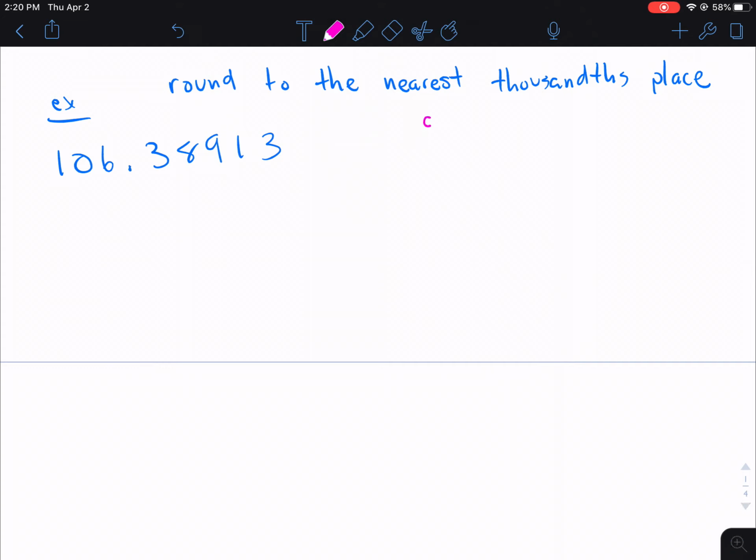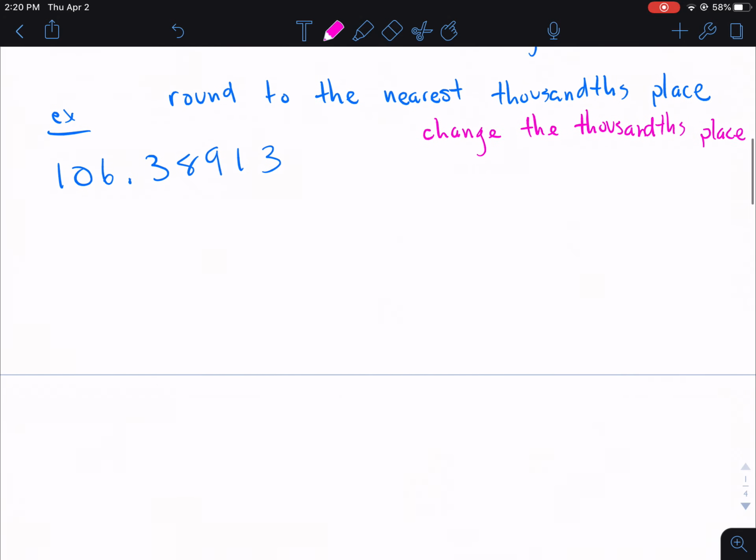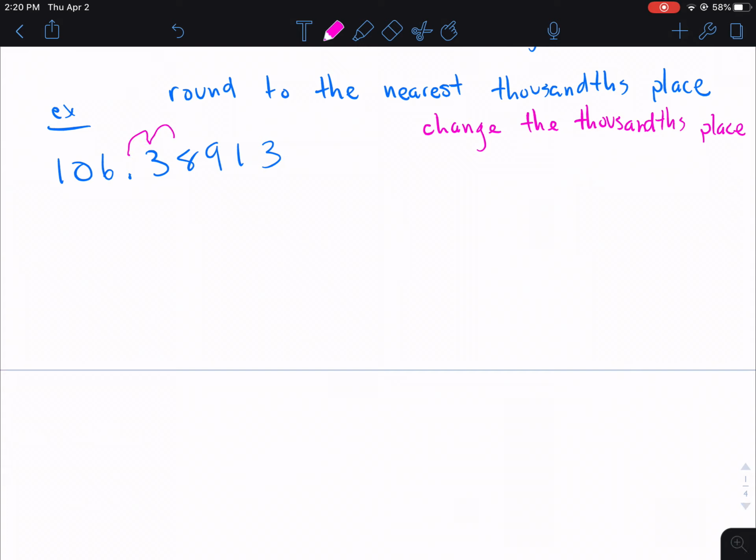So what we're going to change is the thousandths place. Let's go to our chart. Our thousandths is 3 times. 1, 2, 3. So count 3 times. 1, 2, 3. What number is in the thousandths place? 9.